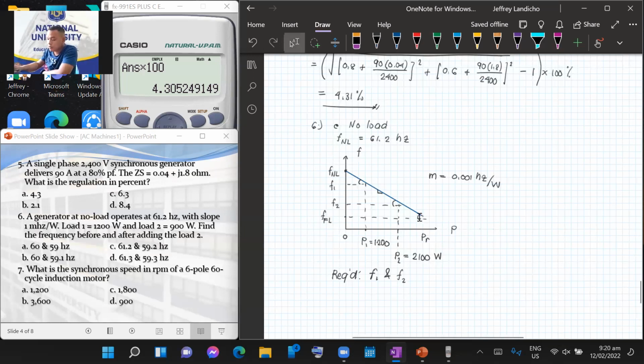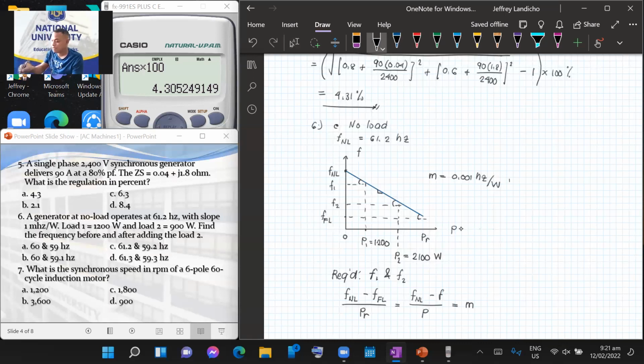Using the tangent of this original triangle, the no load frequency minus the frequency at full load, over the rated power, should be equal to the no load frequency minus the frequency over the output power. This is the change in Y and this is the change in X, so this should be equal to the slope.